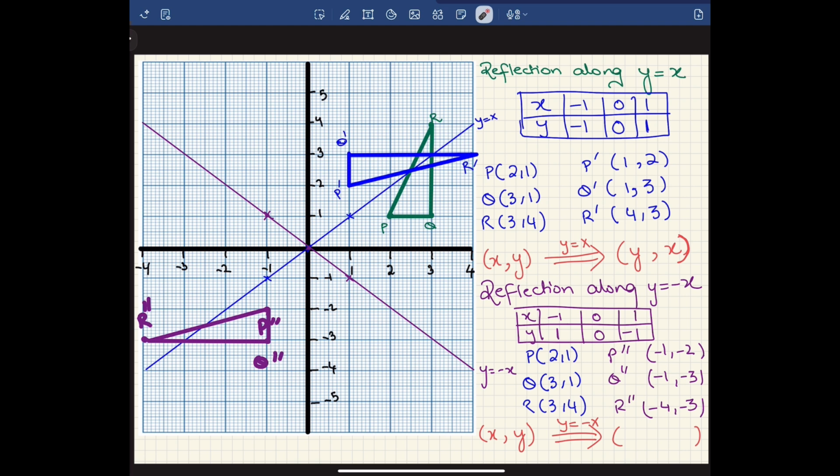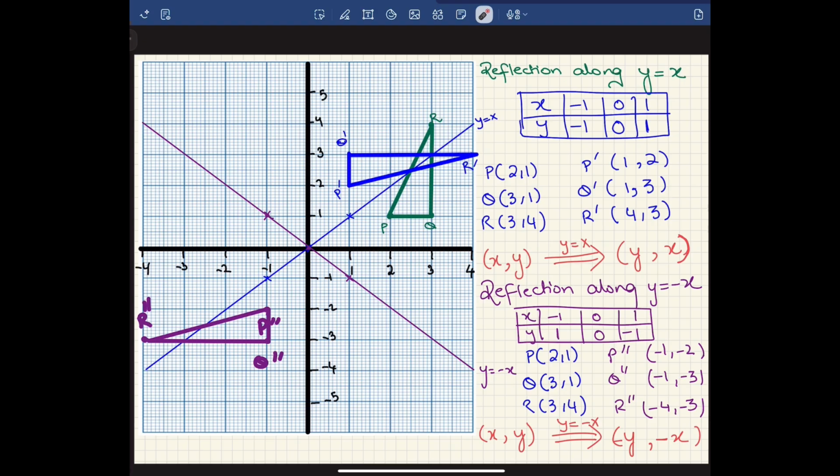So what is happening here? First, the coordinates are being swapped. So xy becomes yx. Now let's have a look at the signs. All of these are positive, while all the coordinates here are negative. So basically a negative sign is added to the coordinates. The coordinates are being swapped and the signs are being changed.